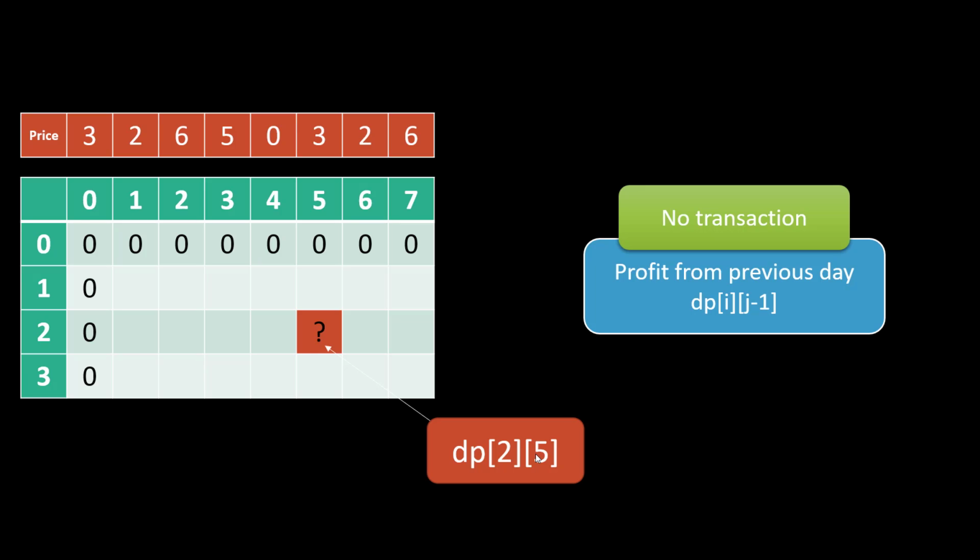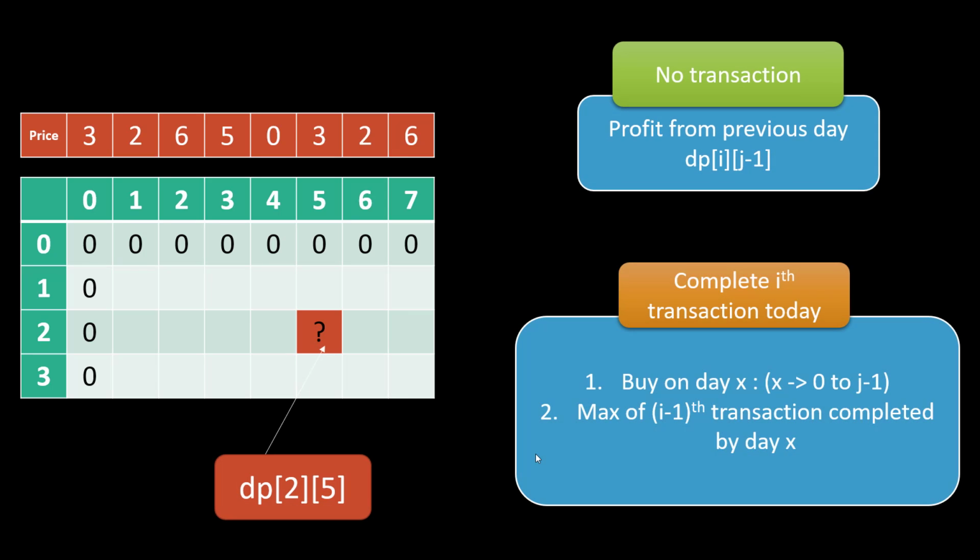Or else you can do a transaction, which is completing a transaction or selling the stock on the current day, which means that you bought the stock on some previous day which is given over here by x. So what this means is that you bought this stock on day x, which can range from 0 to j minus 1, which is this column minus 1.